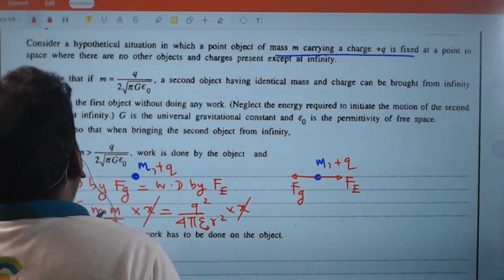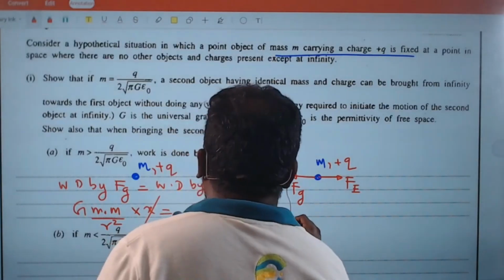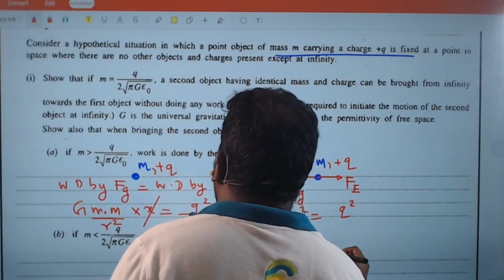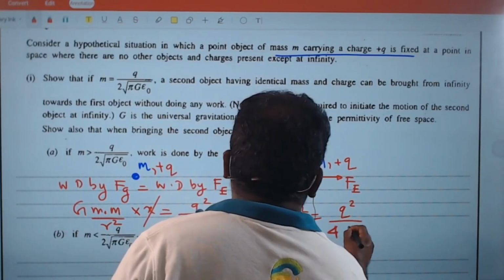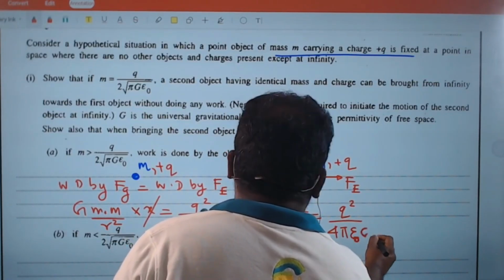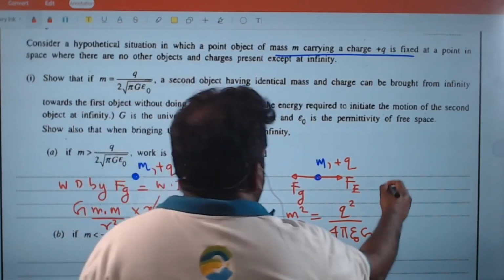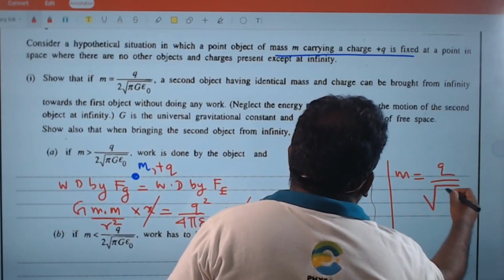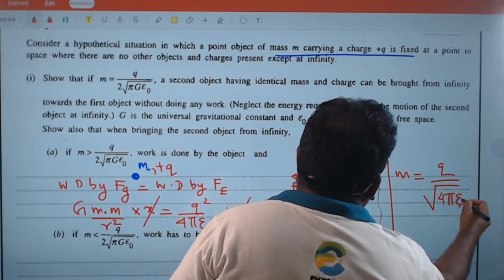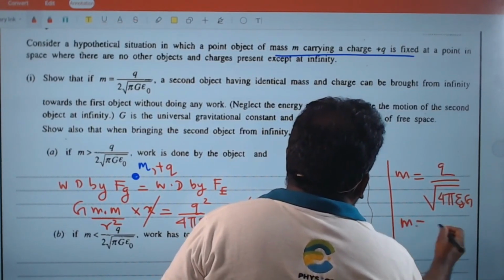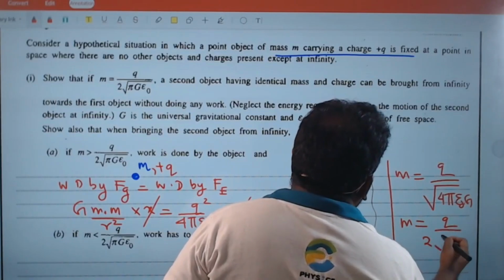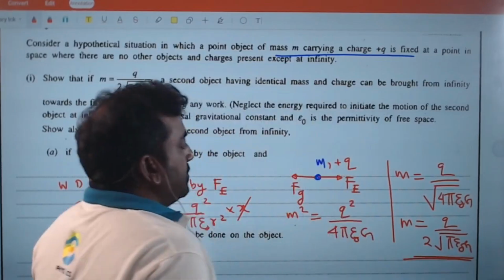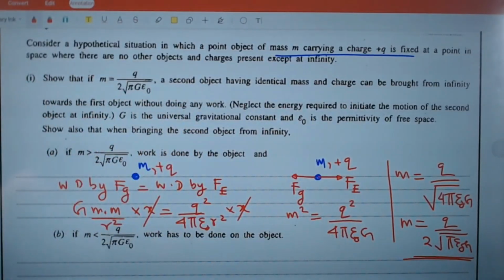From this you can say m squared is equal to q squared over 4 pi epsilon naught G, r squared cancels off. Please take the square root. M is equal to q divided by the square root of 4 pi epsilon naught G.